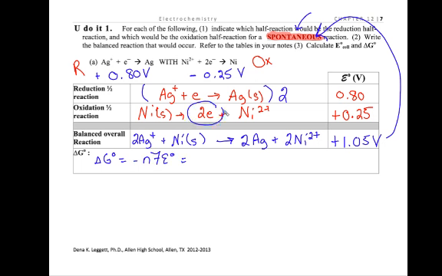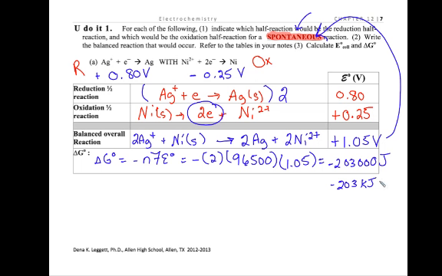And we exchange 2 electrons, so that's minus 2 times Faraday's constant, 96,500, times our E0, 1.05, and I get negative 203,000 joules, or a negative 203 kilojoules. Again, a negative delta G is spontaneous, so further confirmation that we set this up correctly.